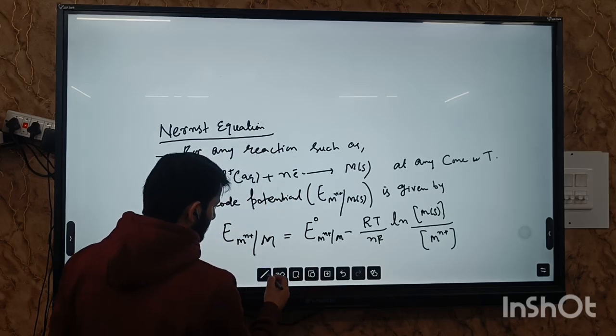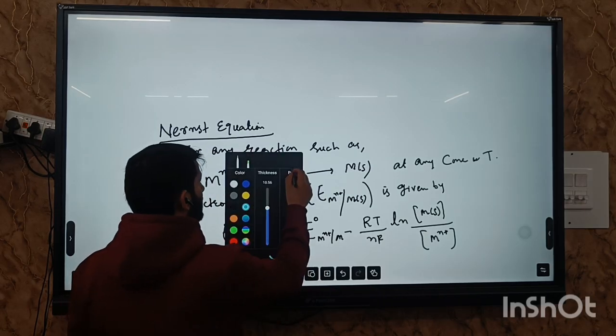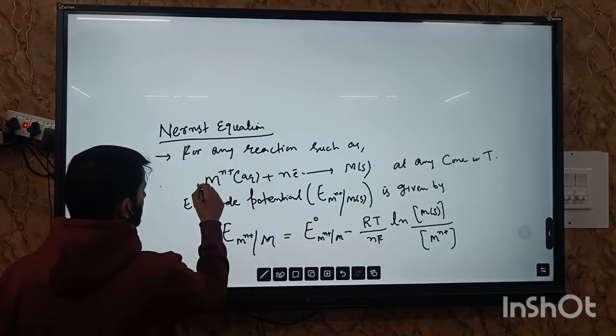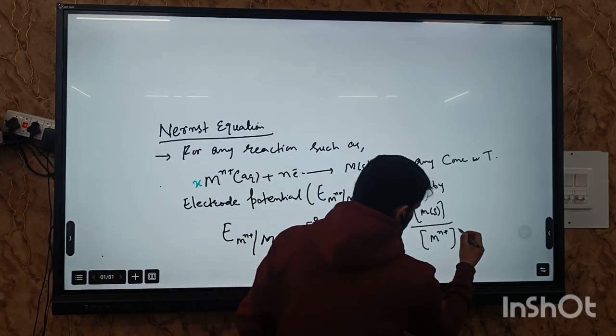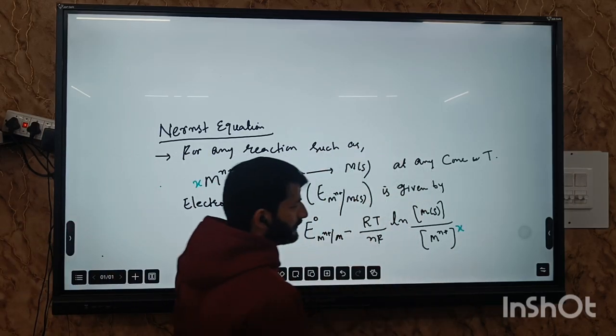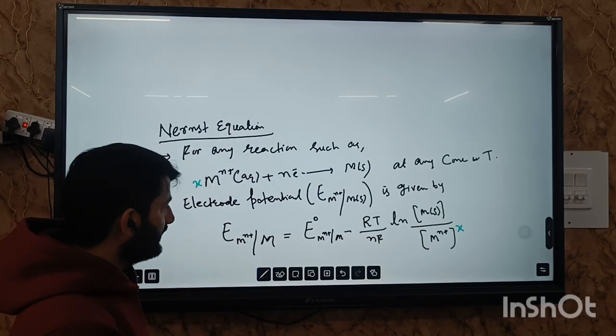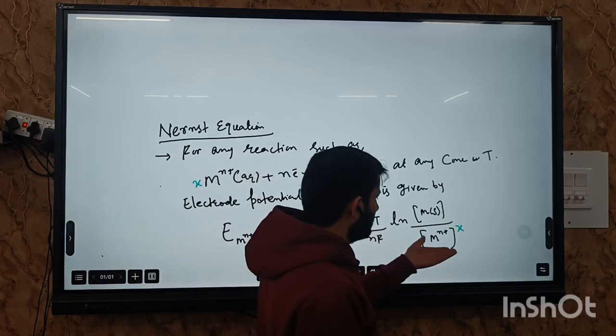And if there is some stoichiometric coefficient x, then you need to give this stoichiometric coefficient here. That is the complete Nernst equation.